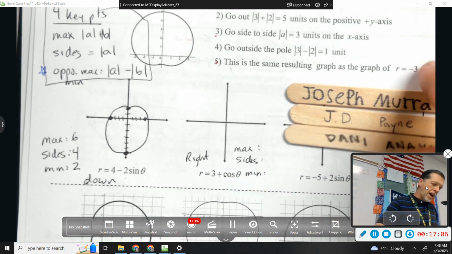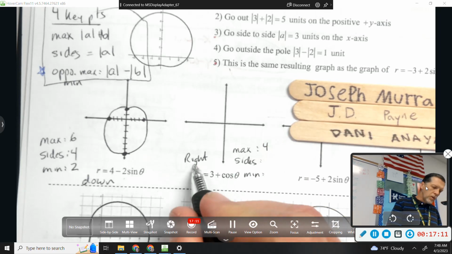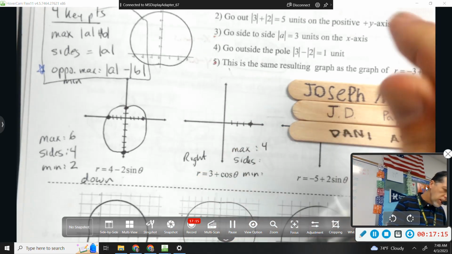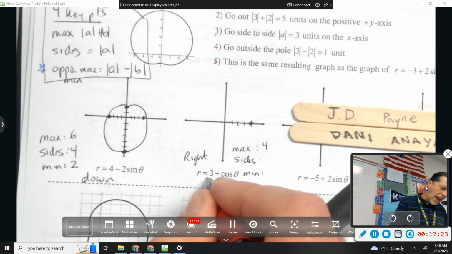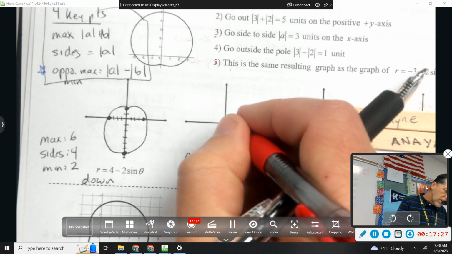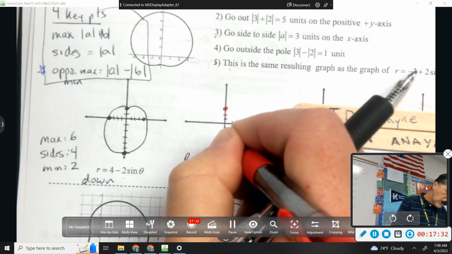Joseph, how about the max? 4. So I'm going to go right 4. JD, how about the sides? The sides are the A. So 3. So 1, 2, 3. 1, 2, 3.